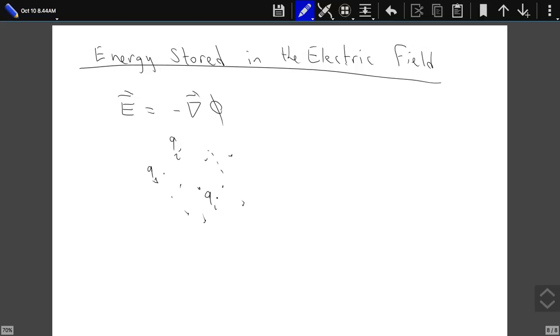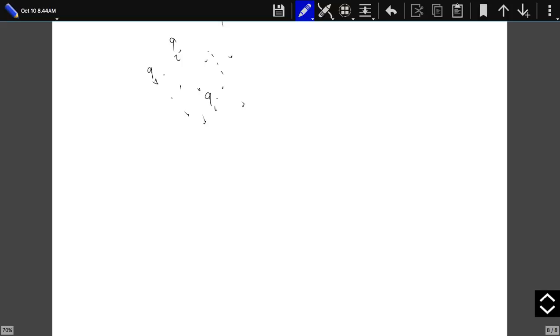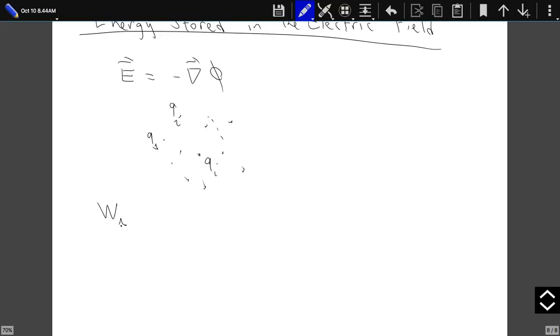Now, the energy stored in a given configuration is the amount of work that you have to do in order to bring all the charges to their final configuration. That is how we define the energy stored. Now, omega 1.